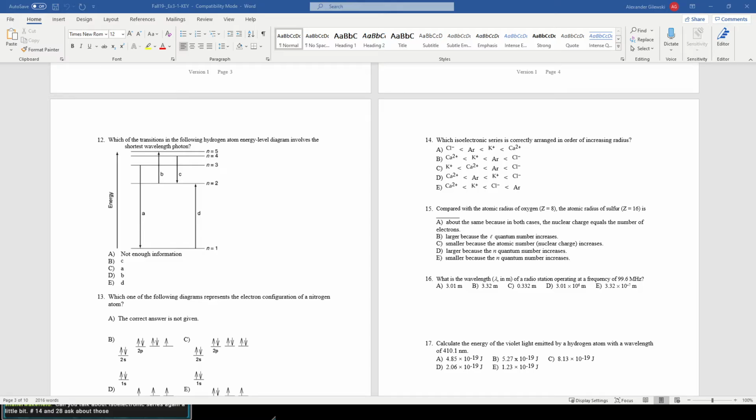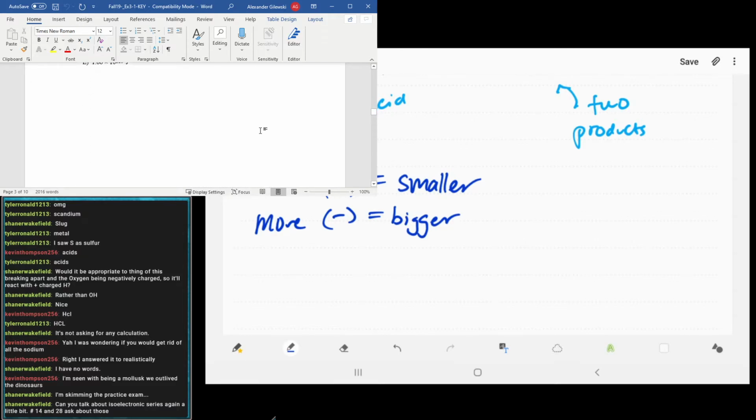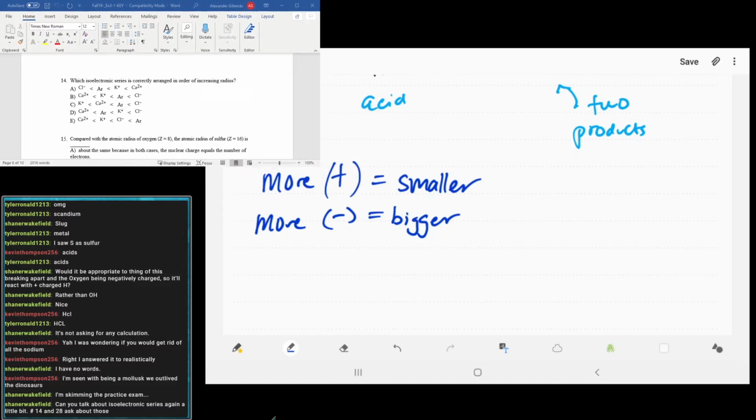Okay, we're looking at number 14. It's asking us to go in increasing order, so we put our smallest one on the left and our biggest one on the right. Let me see if I can do it this way. Well, it kind of works actually. Let me make it a little bit smaller.